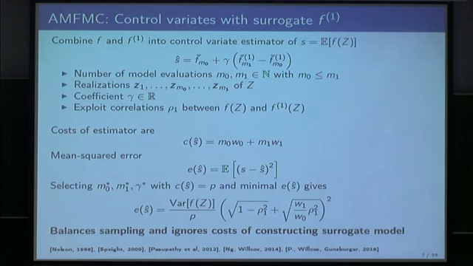Okay, so this is the cost, and then we are interested in the mean squared error, and for the optimal m naught star, m1 star, gamma star, optimal in the sense that we prescribe a certain cost that we allow. So we say the cost of this estimator can be the budget P, and then we want to minimize the mean squared error. If we select those components, then we obtain this mean squared error for this control variate estimator.